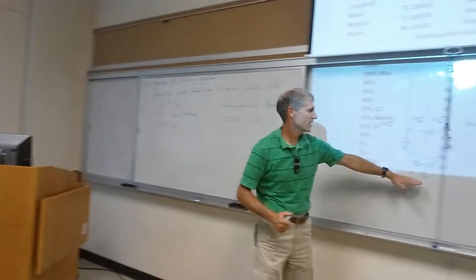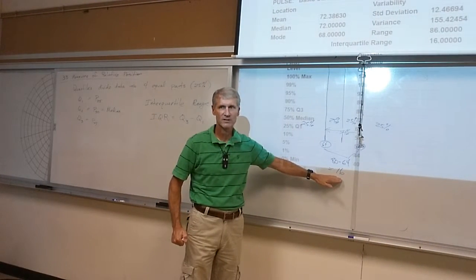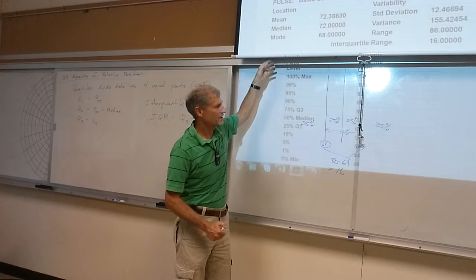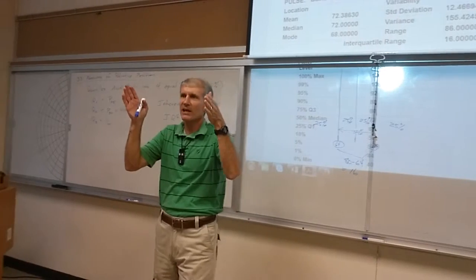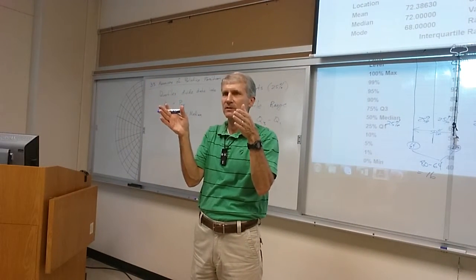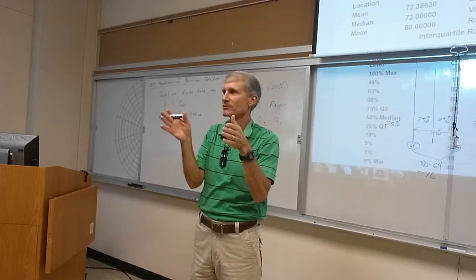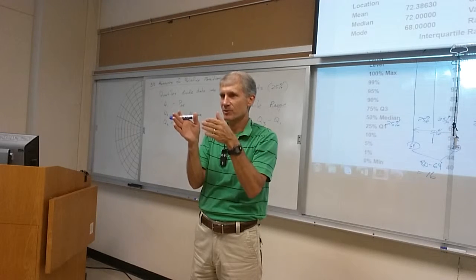So interquartile range is never going to be equal to the standard deviation, but it's always in the ballpark. What percent of the data falls within plus and minus 1 standard deviation? 68%, if it's bell-shaped and symmetric. What percent falls in the interquartile range? 50%.